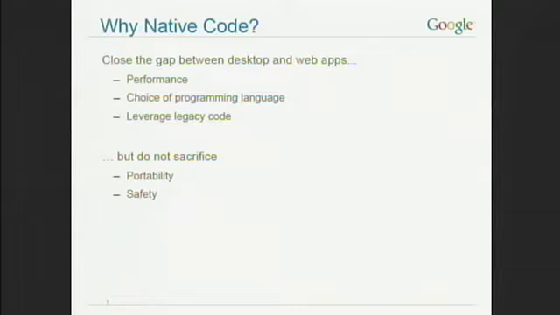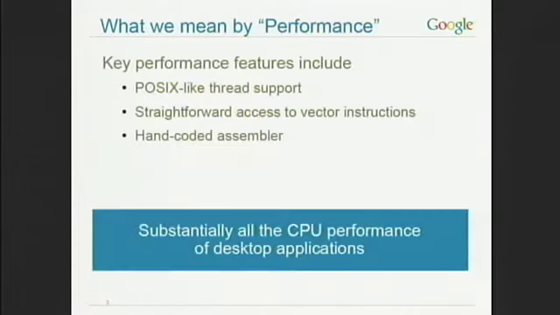So we're pretty good at browser and operating system portability at this point. Where we're still investing very aggressively and working very hard, and where we haven't really settled on what we're going to do, is instruction set portability. The current system is specific to x86-32. But you know, we're going to work on that. And then safety, like I said, we want to make this native code as safe as JavaScript and other things that people take for granted.